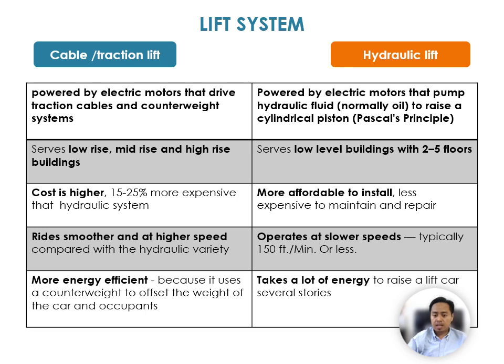Hydraulic lifts operate at lower speed, typically 150 feet per minute or less. Cable lift is more energy efficient because it uses a counterweight to offset the weight of the car and occupants, whereas hydraulic lift takes a lot of energy to raise a lift car to several stories.